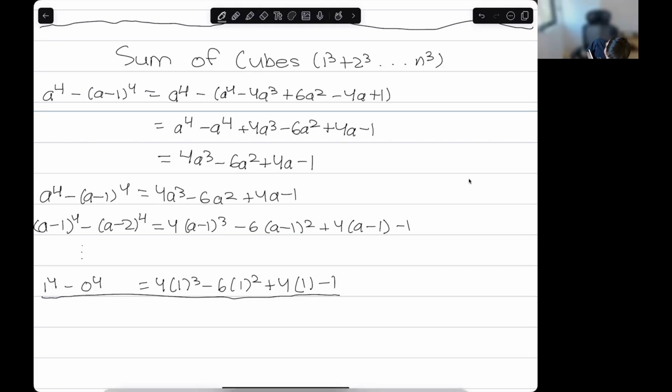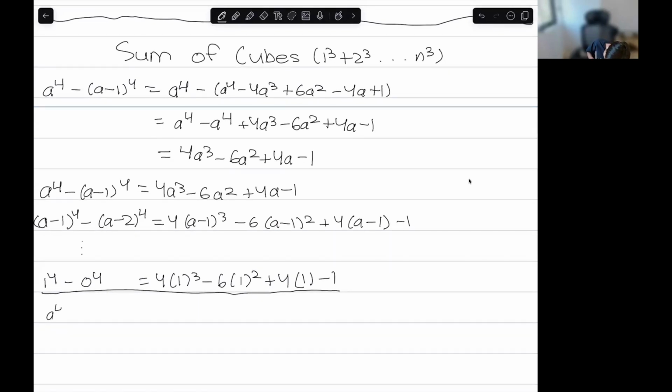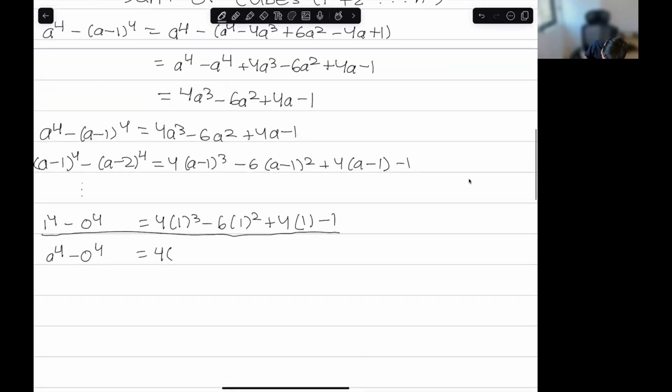So what we're going to do is take all this and then do a to the fourth minus 0 to the fourth, which is equal to 4 times a cubed plus a minus 1 cubed and so on, minus 6 times a squared plus a minus 1 squared and so on.